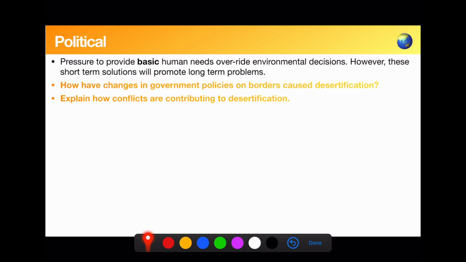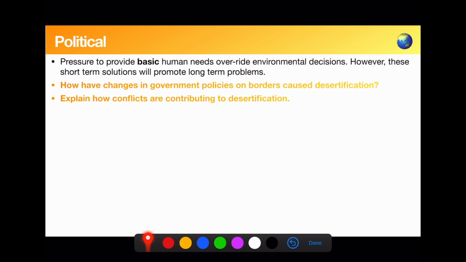It might be obvious to the population, but hopefully it's obvious to you and us that by not looking after the environment now and prioritizing the population, future populations are going to suffer even more, okay? So these short-term solutions will promote long-term problems.